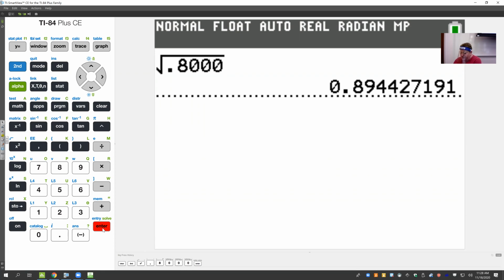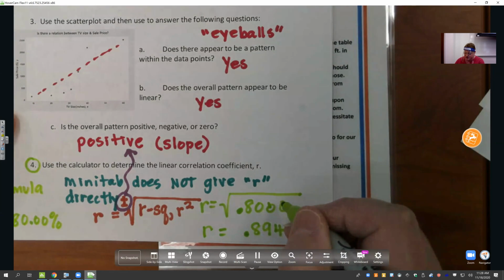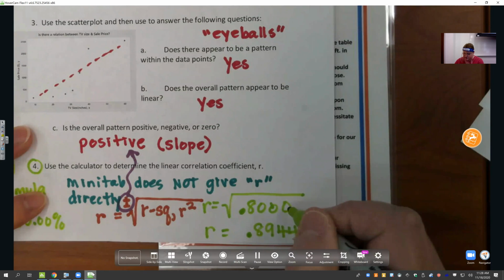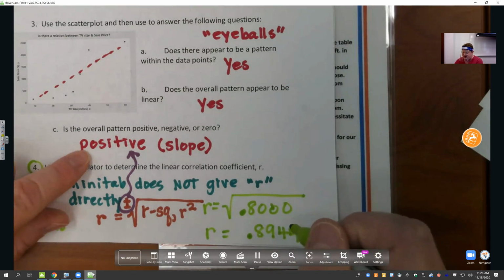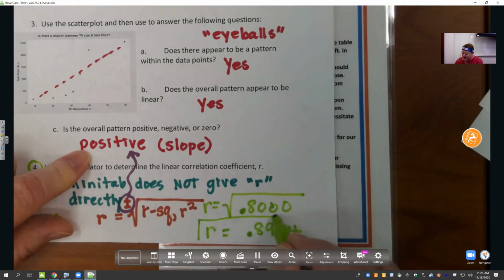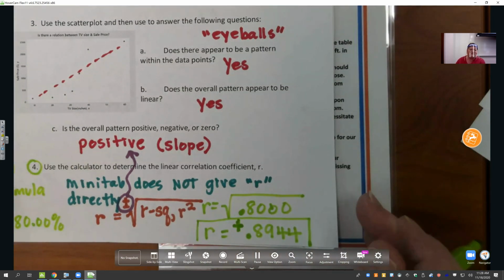And we get a value of 0.89454. We usually round R to 4 places. Okay, so I've written it here on the paper. We took R squared, which was 80%, converted it to a decimal, and then I took the square root. And we said it was positive. So my R value is positive, and I'm going to emphasize that it's positive. I'm going to put a plus sign here. 0.8944.